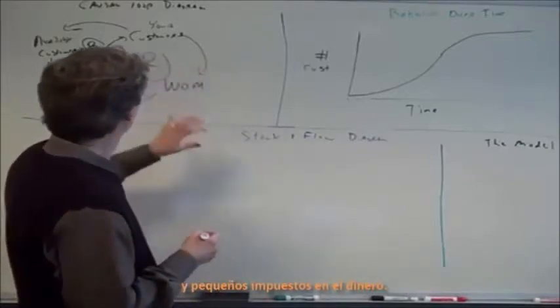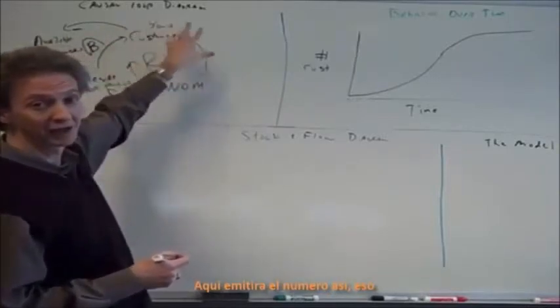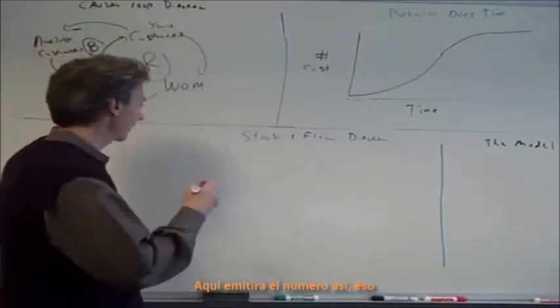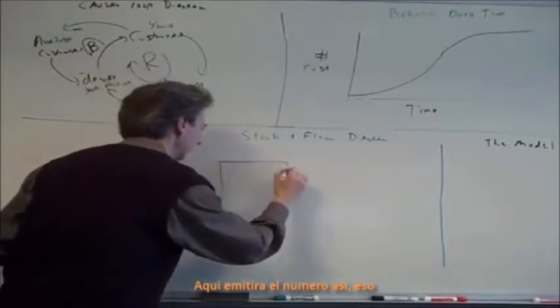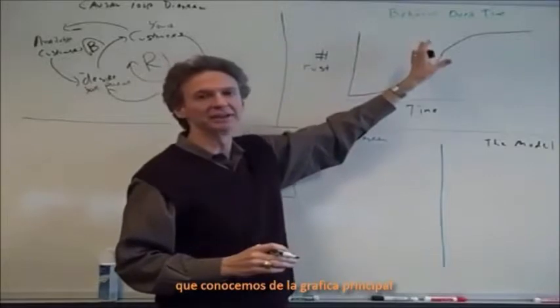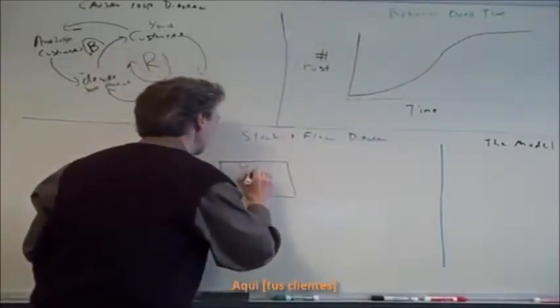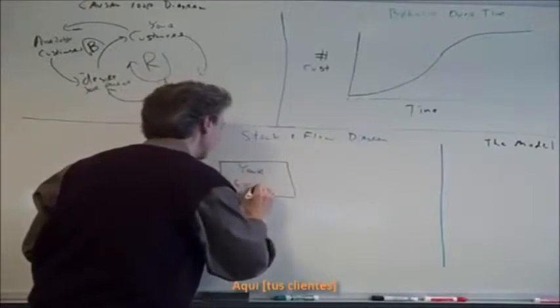The thing you can count here would be number of customers. So that is your stock. It's also often the main thing you're graphing in these behavior over time diagrams. So customers is our stock.